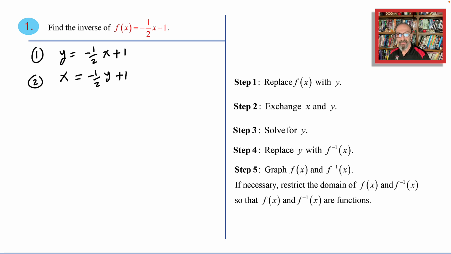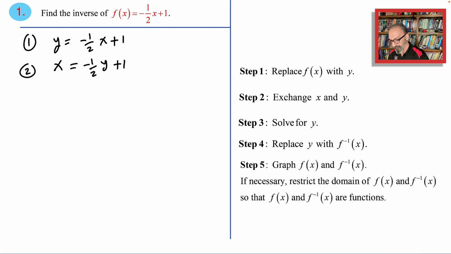And step number 3, we solve for y. To solve for y, we subtract 1 from both sides. And of course, when we subtract 1 on the left, we can't combine them, so we end up with x minus 1. So we say x minus 1 on the left equals negative half times y.